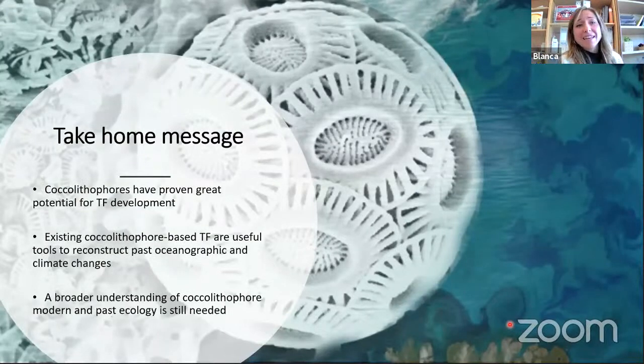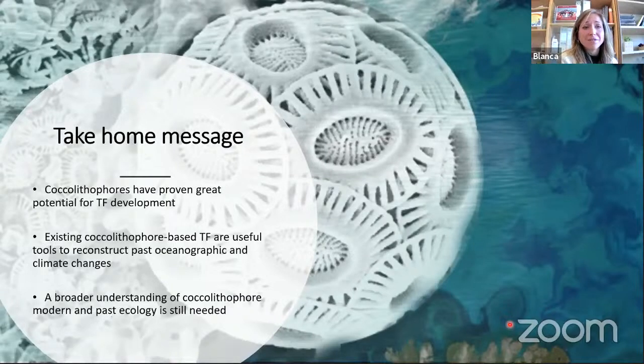And this is my last slide, and this is the take-home message that I have for you: coccolithophores have proven great potential for transfer function development, and although performing qualitative studies is perfectly valid, sometimes resorting to a statistical analysis is good in order to test the robustness of our reconstructions.